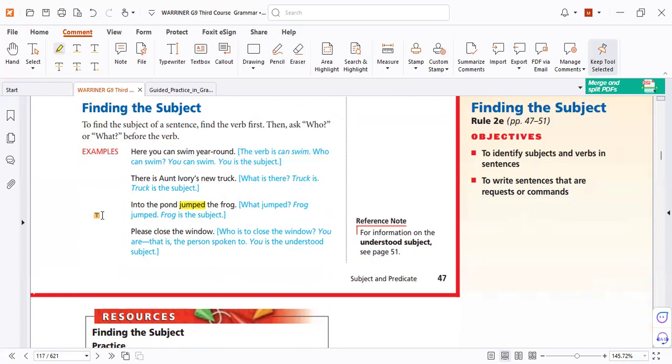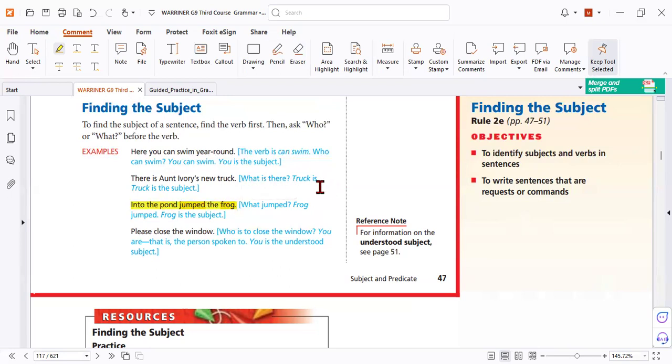I don't know. Already here he said, read the sentence. Into the pond, it jumped the frog. So the frog jumped into the pond. So frog is the subject and jump is the verb and then complements to complete the meaning. So that is a sentence.